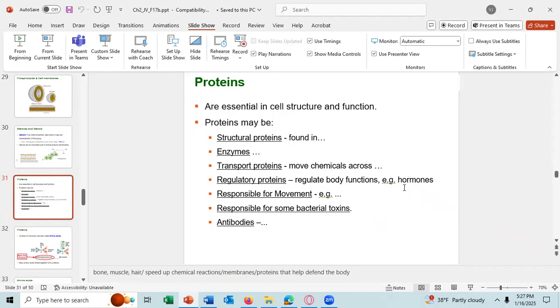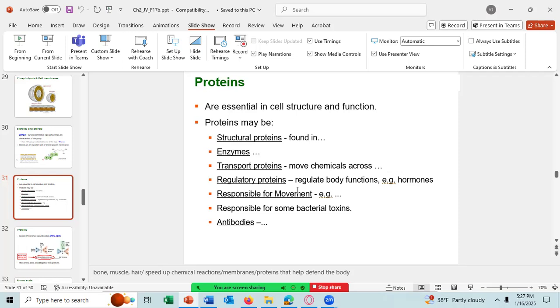Proteins are essential in cell structure and functions. Proteins may be structural proteins found in bone, muscle, hair, meaning structural parts of the body. Proteins can be enzymes. Enzymes speed up chemical reactions. Proteins can be transport proteins that move molecules or chemicals across a membrane, like into the cell or out of the cell.